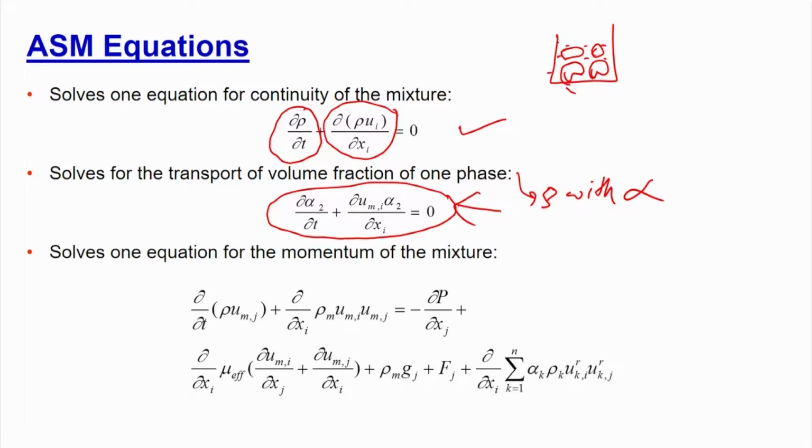Then we solve one momentum equation, and that momentum equation is based on the mixture properties, the mass average mixture velocities, and we also introduce a drift velocity inside, so that we can understand the slip between the velocities of the 2 phases. If you see, this is a clear cut Navier-Stokes equation, which I have written in the 2-dimensional domain, and then you add an extra term which shows how the drift takes place between the 2 phases.